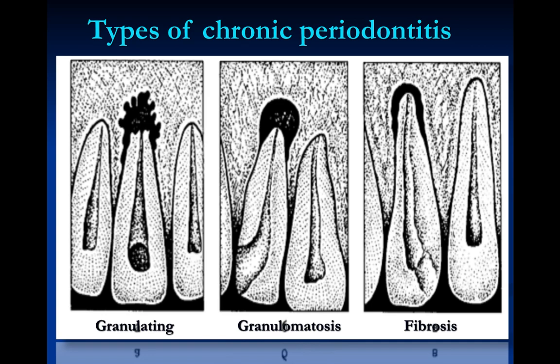In granulating periodontitis, there is resorption of alveolar bone without a fibrous capsule. And in granulomatous periodontitis, there is also resorption of alveolar bone, but with a fibrous capsule.